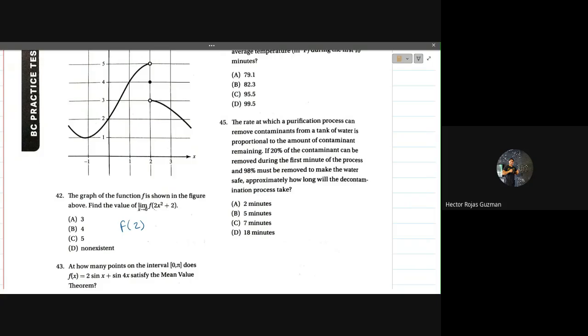So we kind of have to focus on the inner function. 2x squared plus 2 kind of looks like this, with a y-intercept of 2.